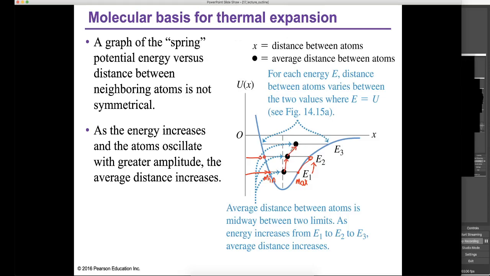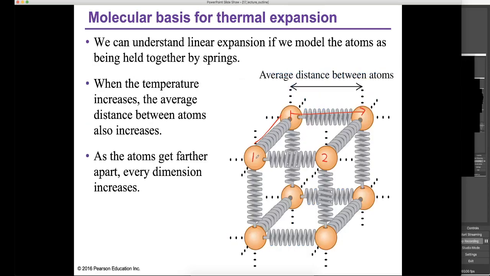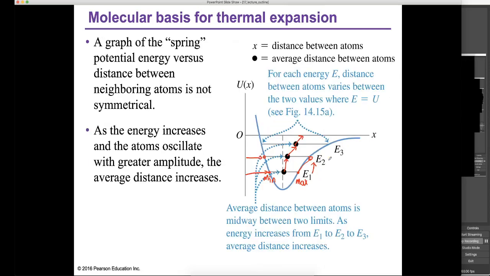So the middle point is increased little by little. That means the equilibrium length between the two molecules is increased little by little when the energy is increased. When the thermal energy is increased, means when the temperature is increased. That's why when temperature is increased, the spring is getting longer and your object is getting bigger.